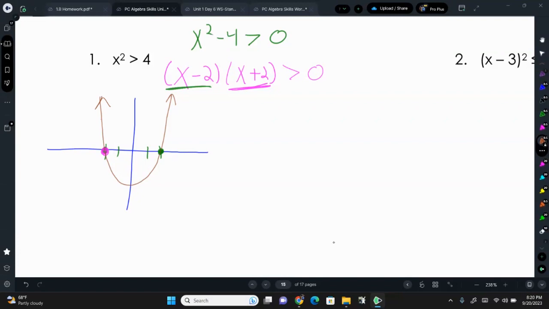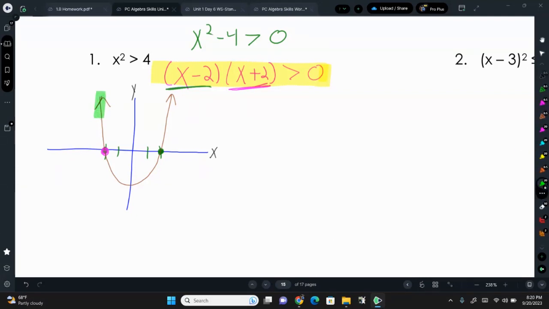And back to our inequality part, we say we want this to be greater than 0. Well, remember in the coordinate plane that this is your x-axis and this is your y-axis. So if I want my value to be greater than 0, I want everything above the x-axis.